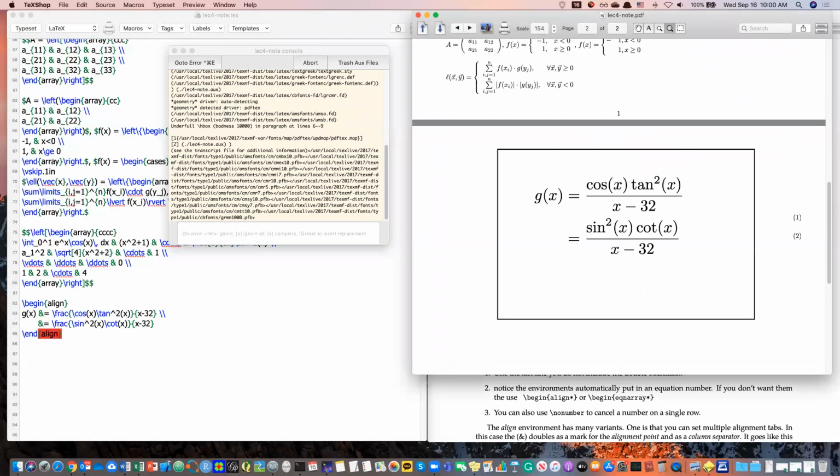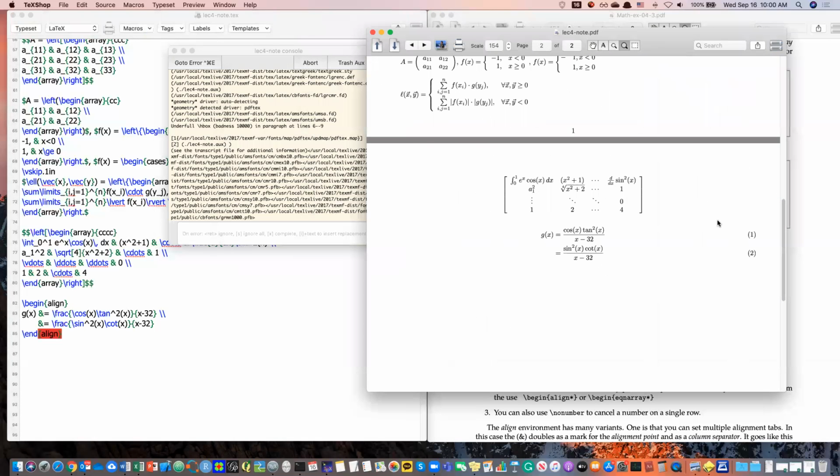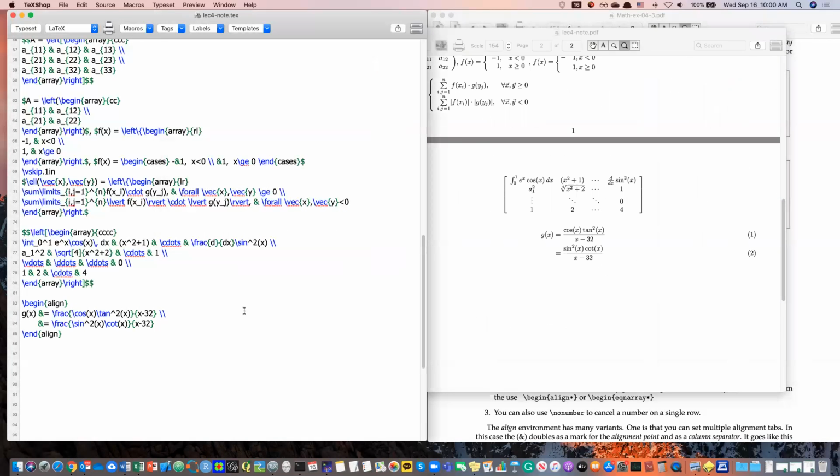So now you see this one. But here's a question. When you look at this, there is no equation number, right? So we got the equation number. If you want to remove the equation number for all lines, we put the star.